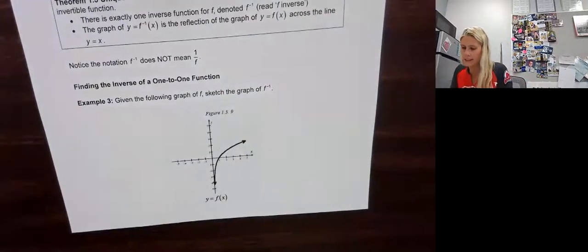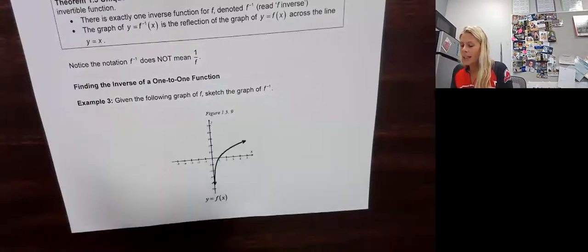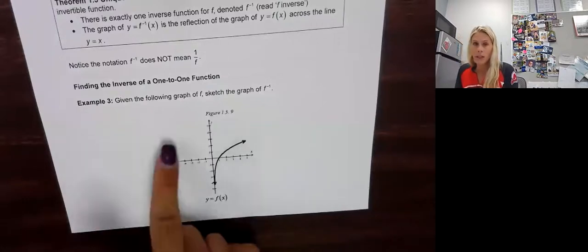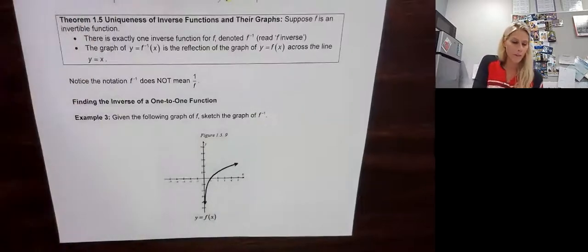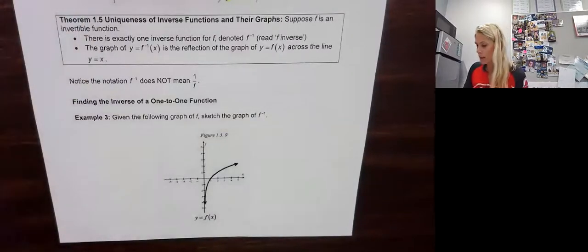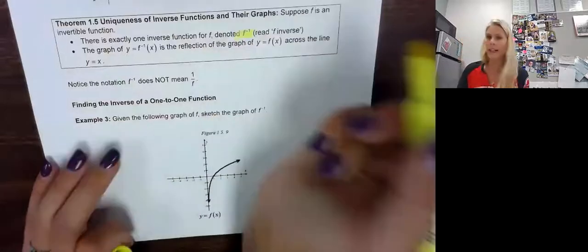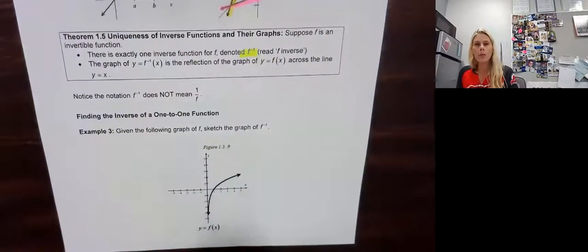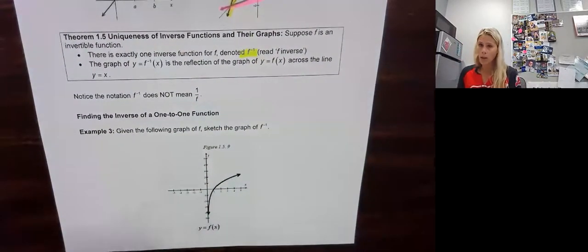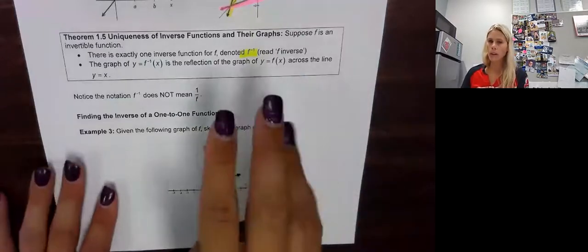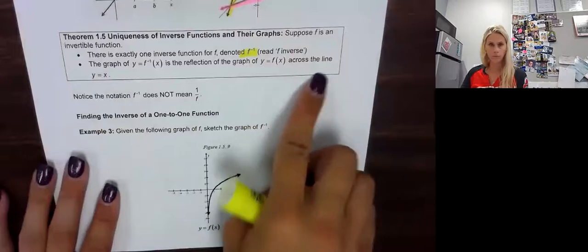Now, uniqueness. There is exactly one inverse function for f, denoted by f to the negative 1. So keep that in mind. When we say inverse, you always want to end your answer with it equaling f to the negative 1. And there's only one if there's an inverse. Okay. And then, of course, we have that reflection.